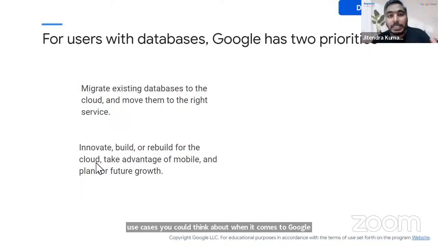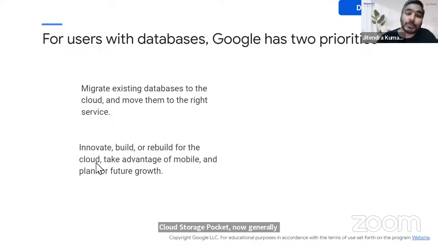Now, generally speaking, for the users, when it comes to databases, what are their priorities? And this is something that Google shares as a priority with you, right? You could be thinking about migrating existing databases to the cloud. And as I said in the previous slide, a GCS bucket could be the place where you could bring all your data and then decide to build a pipeline and transform your data before you move the data into the target database service that you might have chosen, which could be more appropriate for the application or service that you have picked up, right?